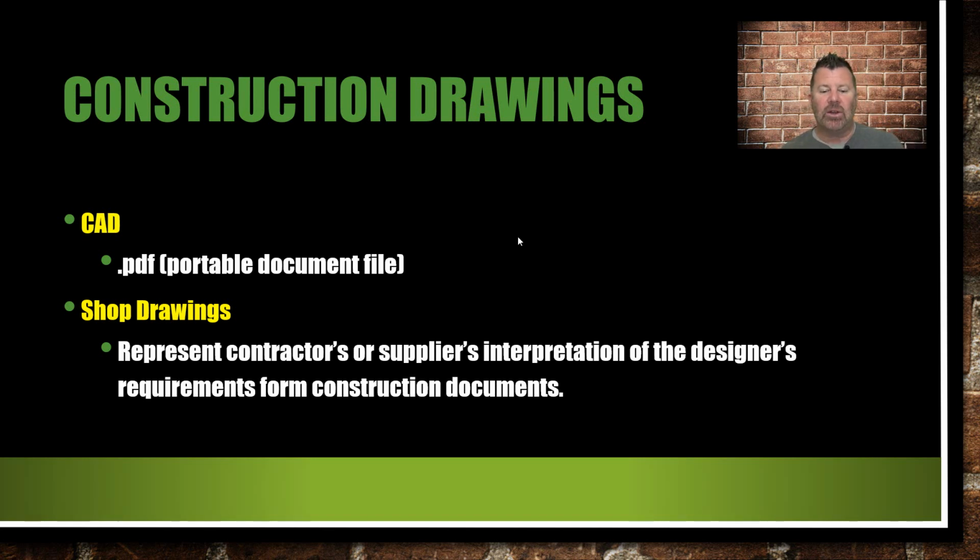And then shop drawings, they represent the contractor's or supplier's interpretation of the designer's requirements from construction documents. And so let's say the job has a big commercial property that's got a large gazebo that can sit several people underneath it, and there's like a steel beam going across it to hold it up.